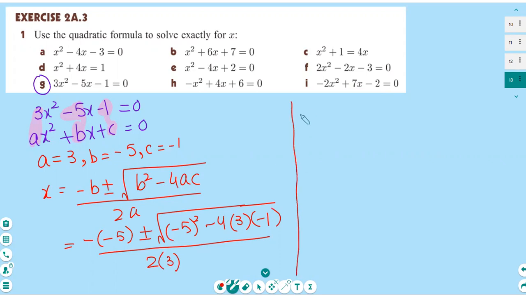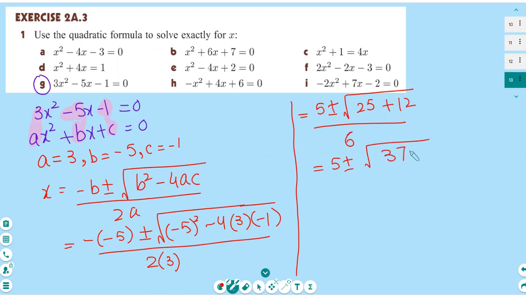Now simplifying this, minus into minus plus 5, plus minus as it is, and this is negative 5 square, which is 25. Minus into minus plus, 4 times 3 is 12, right? Over 2 times 3 is 6. So we get 5 plus minus square root of 25 plus 12, it is 37, yeah, over 6.